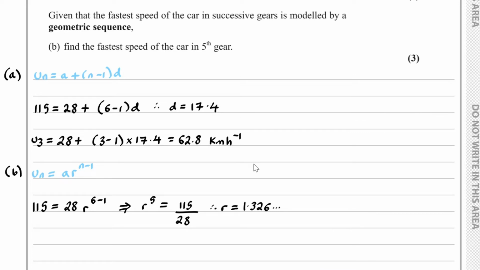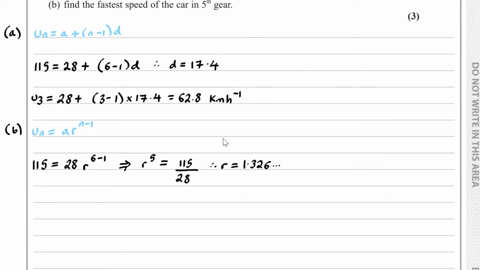When we come to work out the fastest speed of the car in the fifth gear, we need to work out what u5 is. So u5 is equal to a, that's 28, multiplied by r, that's 1.326, etc. And we raise this to the power of 5 minus 1.